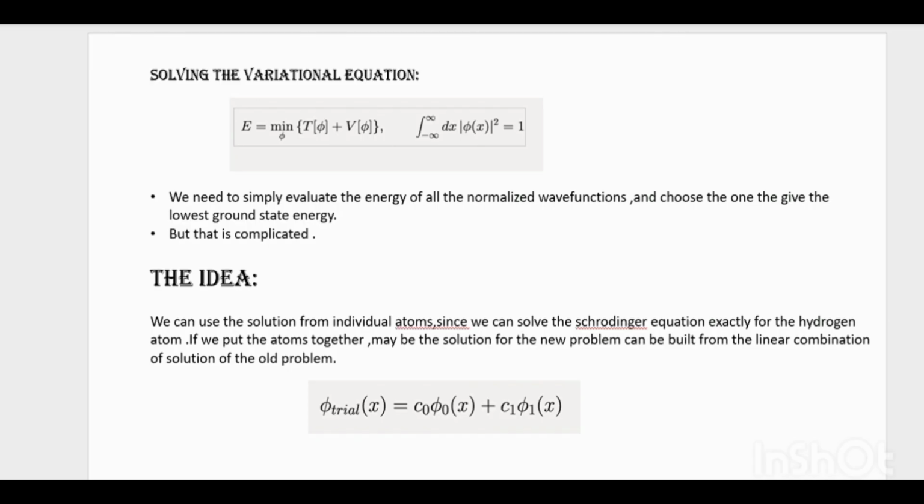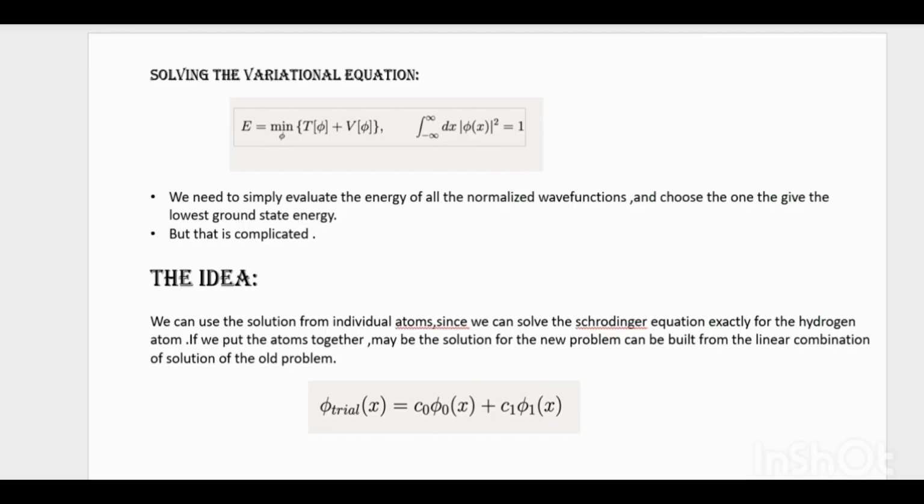Solving the Schrodinger equation for the one electron problem, it is very difficult to take one function and normalize it, and then evaluate the energy and find whether the energy is low or minimum. That is a huge complicated task. The idea is that we know that for the one electron or the hydrogen atom, the Schrodinger equation has a solution.